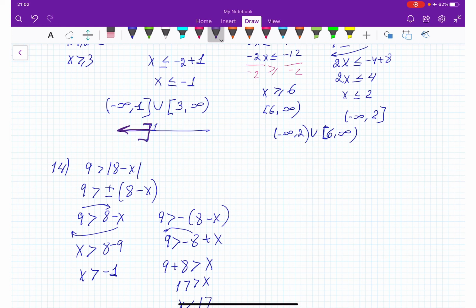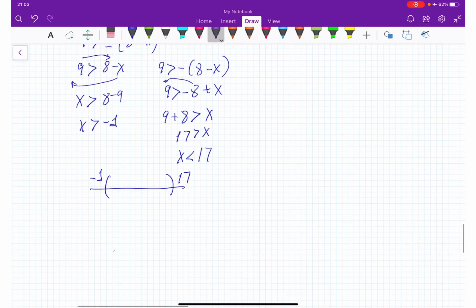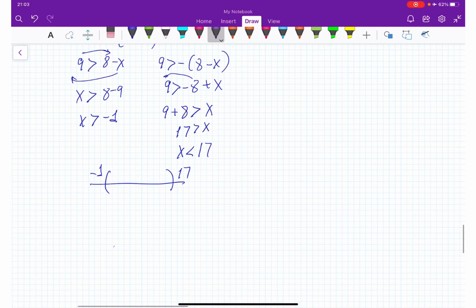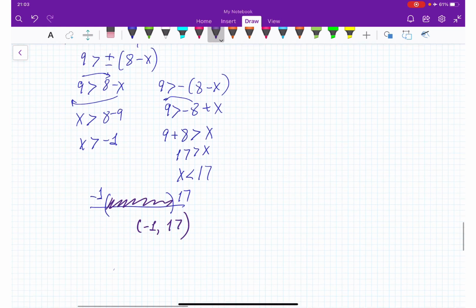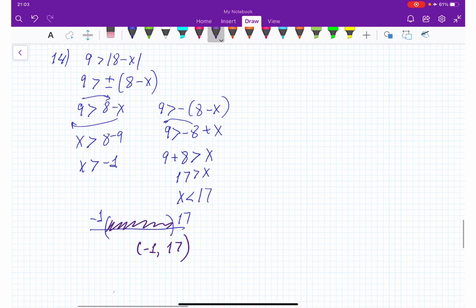And 17 and infinity comes this way, see? This shaded area and this shaded area, they have nothing in common. But here is different, greater than -1, less than 17. So it's going to be the entire shaded area. Therefore, the solution is going to be -1 and 17. Both are going to be in parentheses because none of them has equal sign.